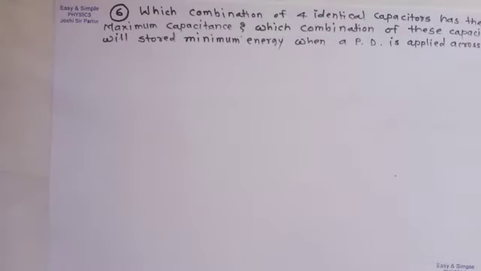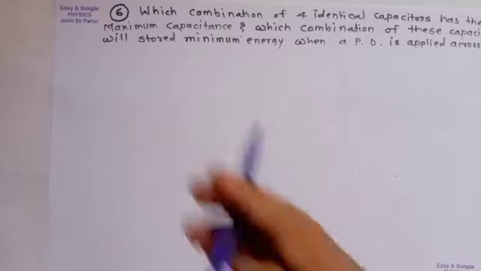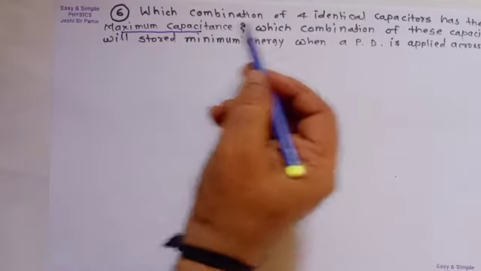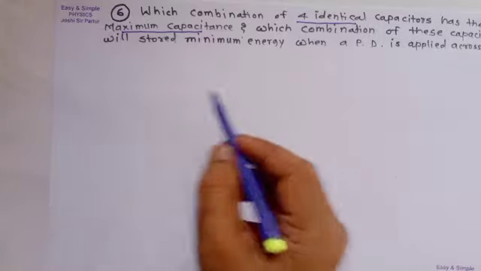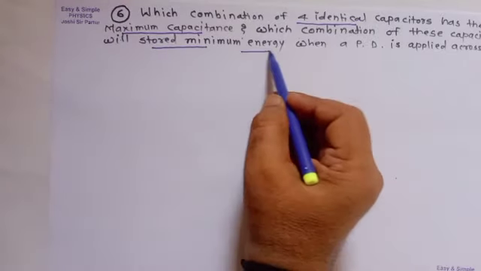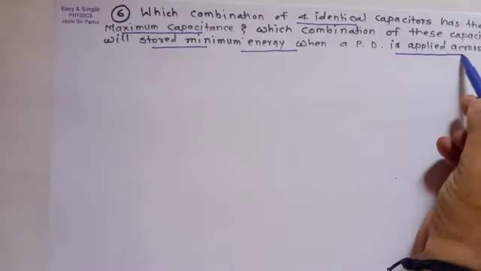Again we can solve another example. In which combination of 4 identical capacitors has maximum capacity? See here, 4 capacitors, they are identical, which has maximum capacity, and which combination of these capacitors will store minimum energy when potential difference is applied across it?